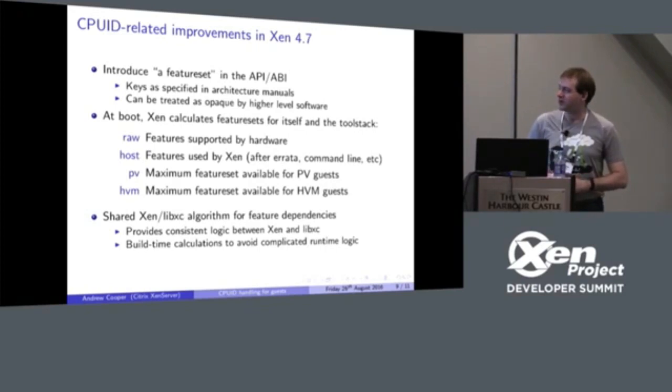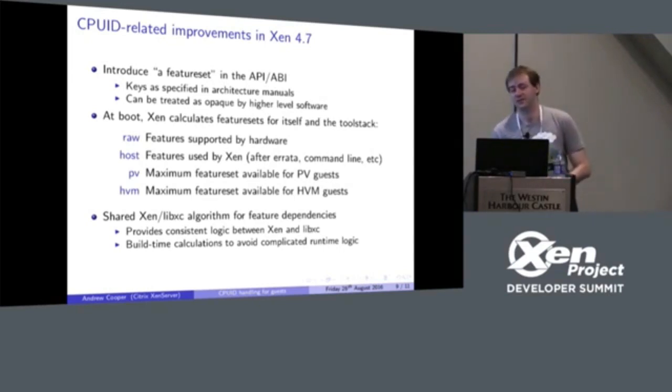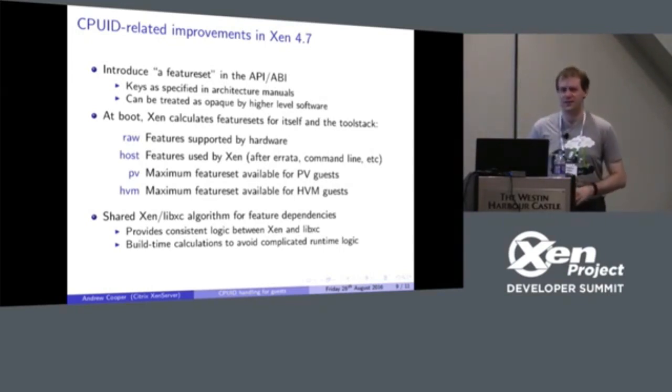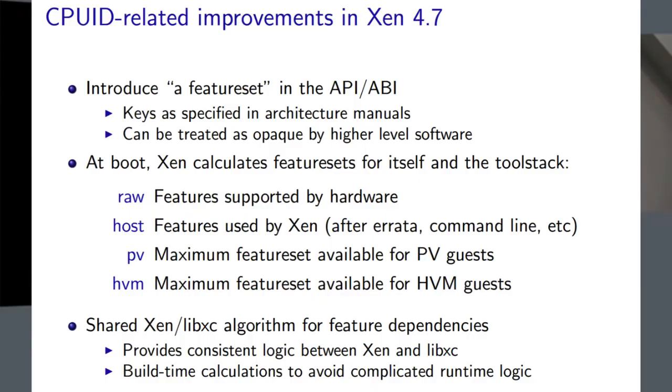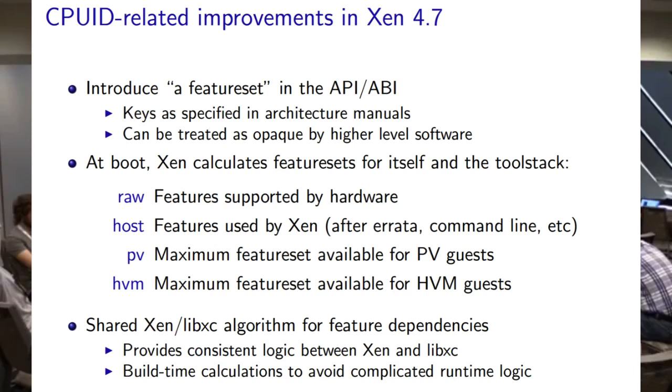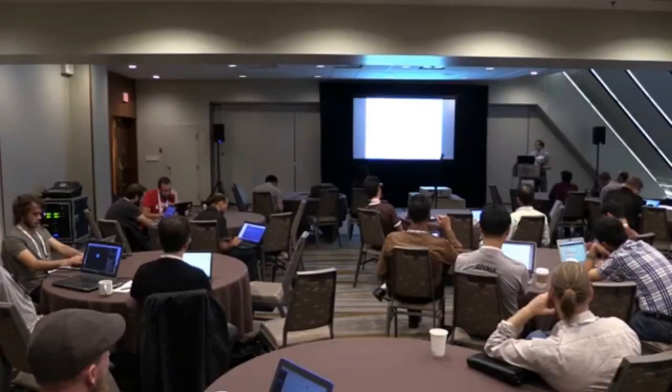They're not quite strict subsets of each other. There's things like the hypervisor bit, where it's a feature you don't see on real hardware, but you are supposed to set for guests. But by and large, for all the functional components of the system, yeah, it is a subset. Are those configuration values, so things you configure on the domain or the host level, or are they computed? They're computed.